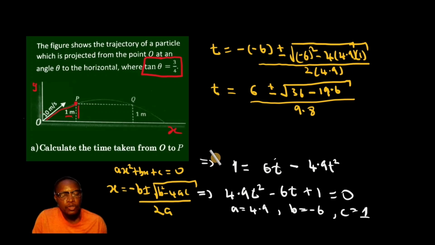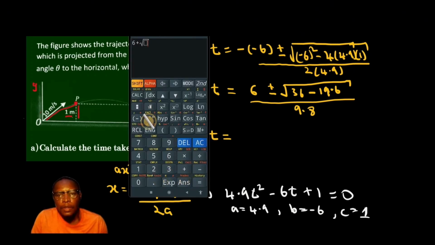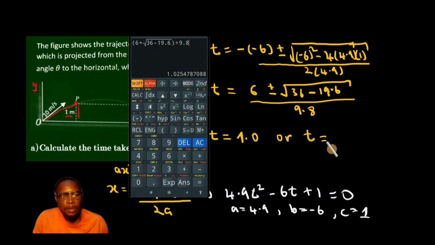Here, t is going to have two values. t equals 6 plus the square root of (36 minus 19.6) all over 9.8, which is approximately 1.0 in one decimal place. Or t equals 6 minus the square root of (36 minus 19.6) all over 9.8, which is 0.1999. Approximating to one decimal place, that's 0.2 seconds.